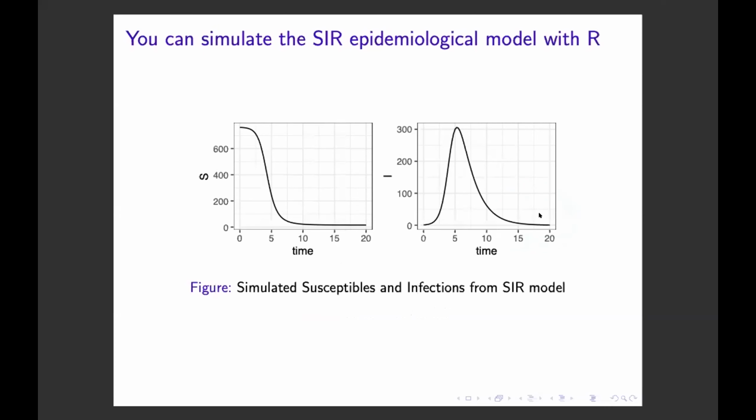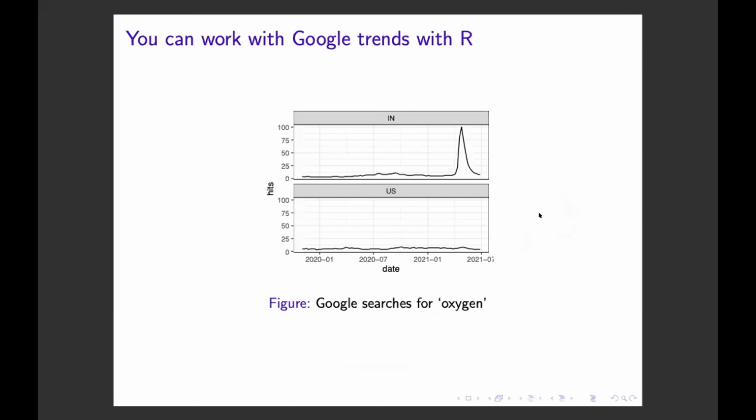An empirical thing about this fear is that one of its footprints you can see in Google Trends. Google Trends are used sometimes to predict flu in the US, and there's a literature on that. You can work with Google Trends with R. It's quite neat and pretty simple to do. There's a gtrendsR package.